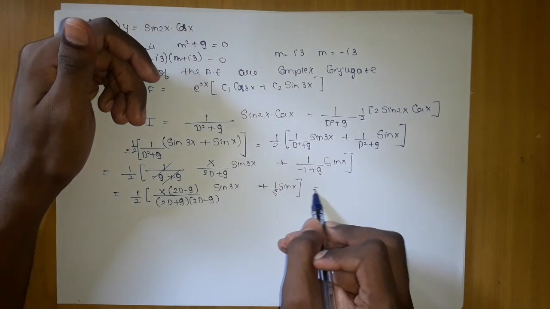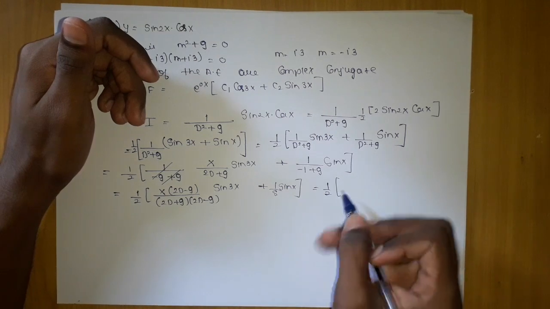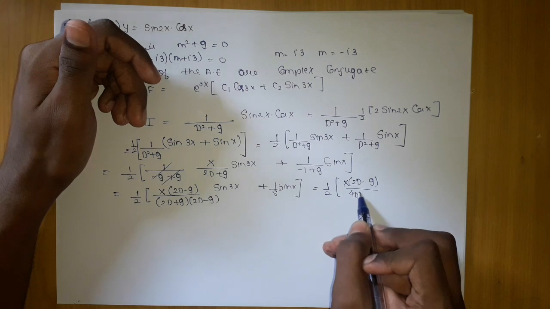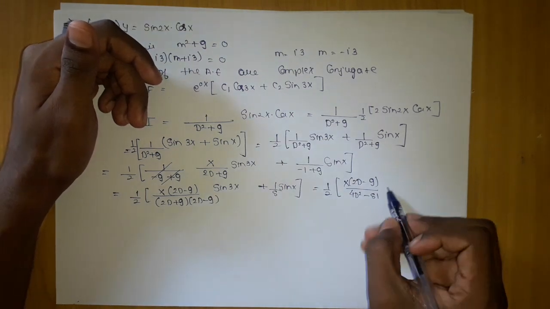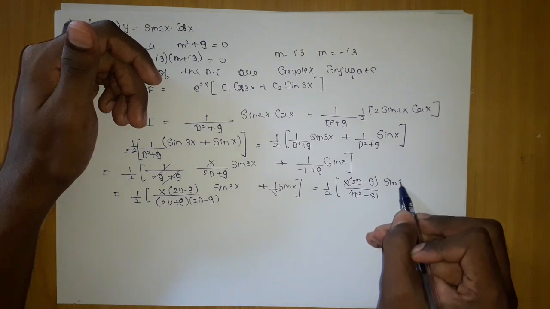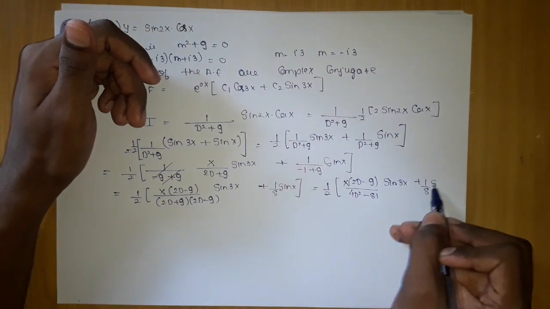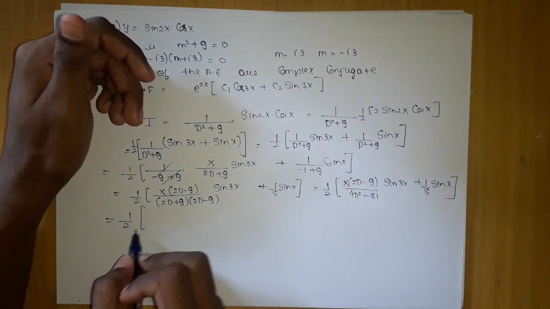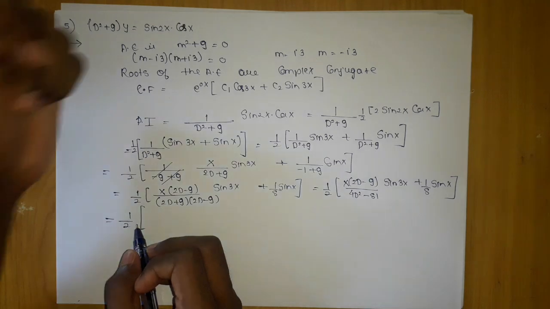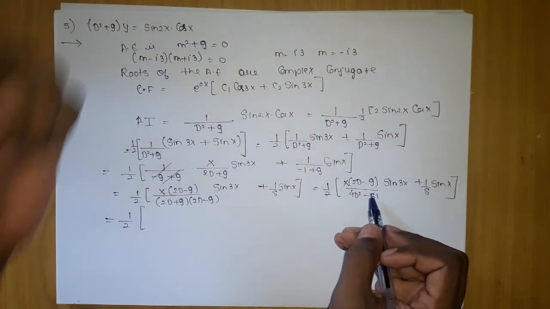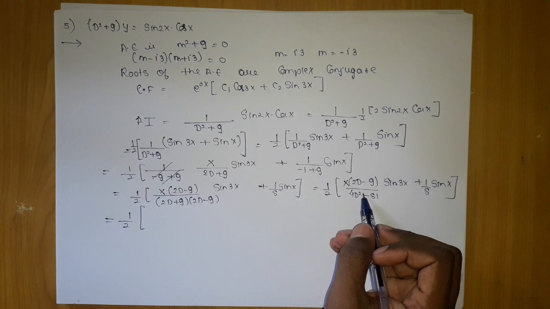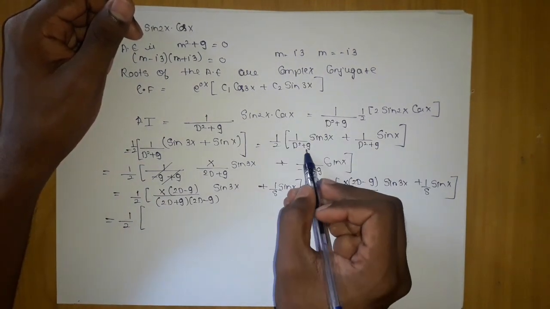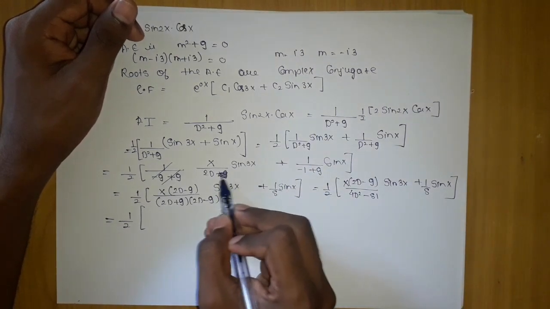After this, keep this as it is, and if we try to simplify, we rationalize by multiplying with 2D minus 9 in the numerator and denominator, giving 4D square minus 81. But I think we made some mistake, because on differentiating, this will be a constant, so it will become 0.